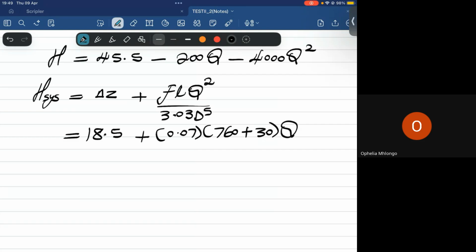Then multiply by the unknown volumetric flow rate, let's leave it there, and then divided by 3.03 multiplied by the diameter in meters, exponent 5.